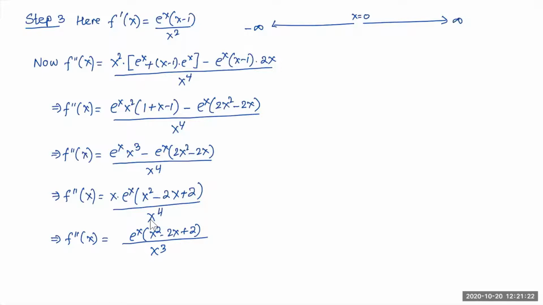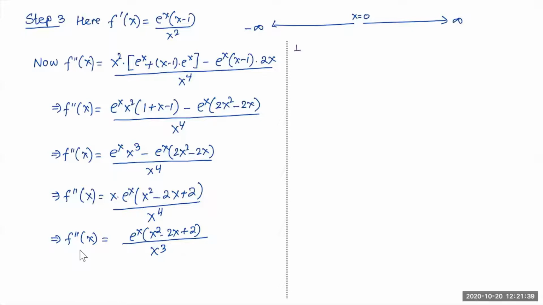Once we get the second derivative, we can find the inflection numbers, and we can find where the function is increasing, where the function is concave up and where it is concave down. So let's work on that part now.